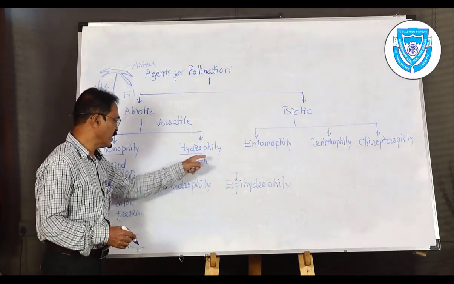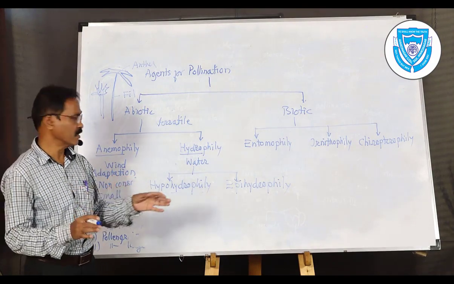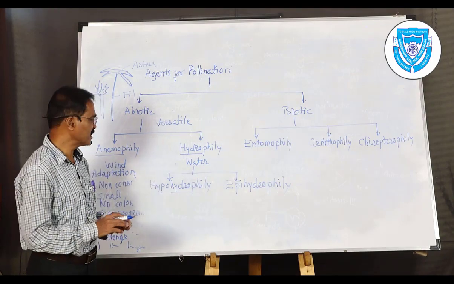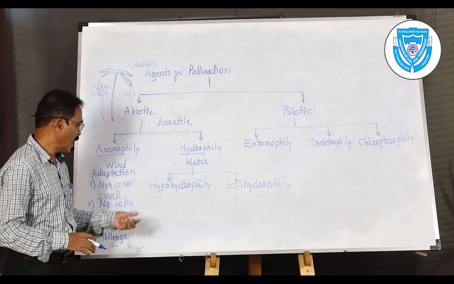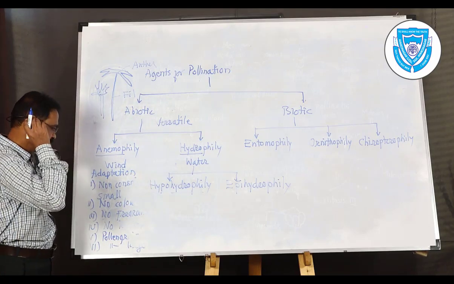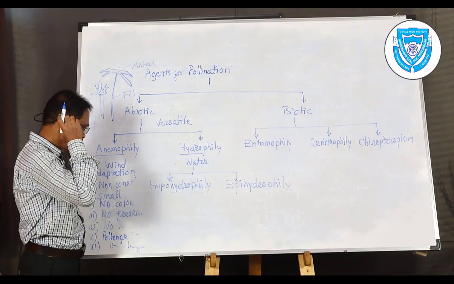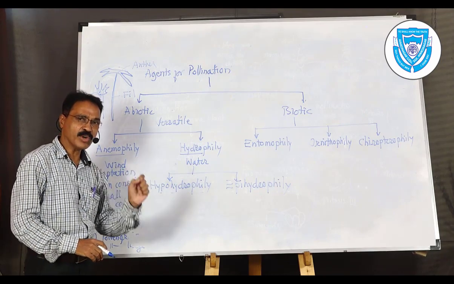So hydrophily, when the plants are aquatic, not necessarily all, but many plants which are present inside the water are known as aquatic. These aquatic plants require water for pollination. You can see here that the pollen grains are somewhat heavier than the water.